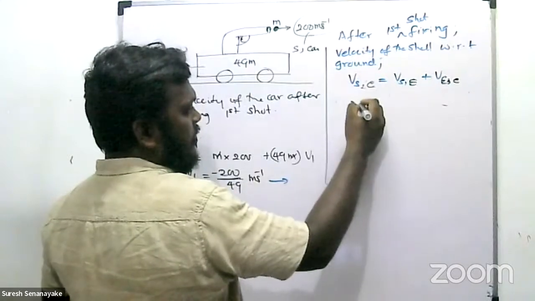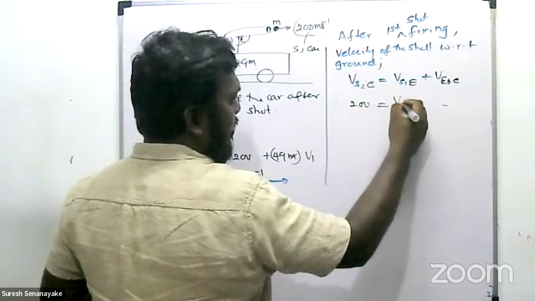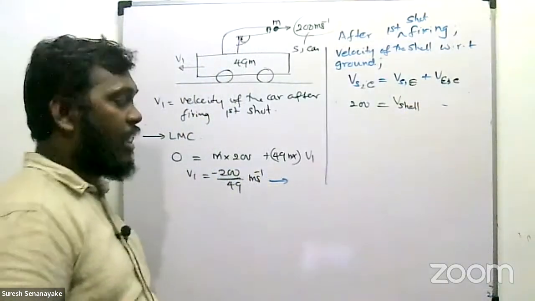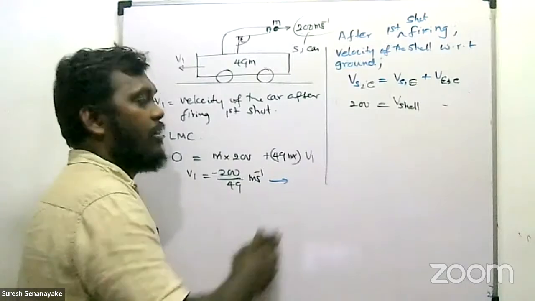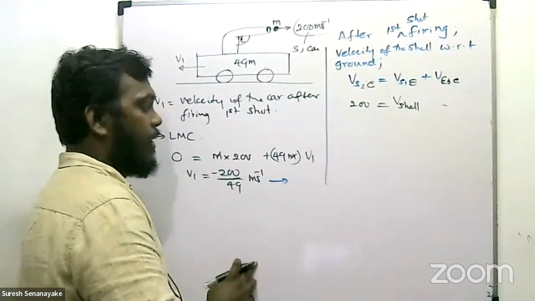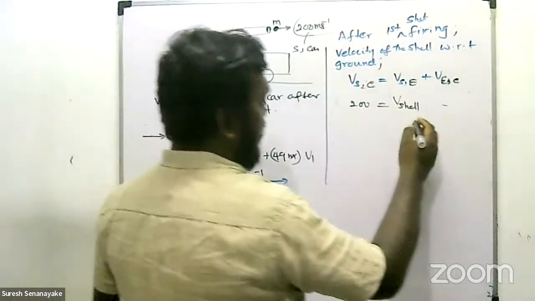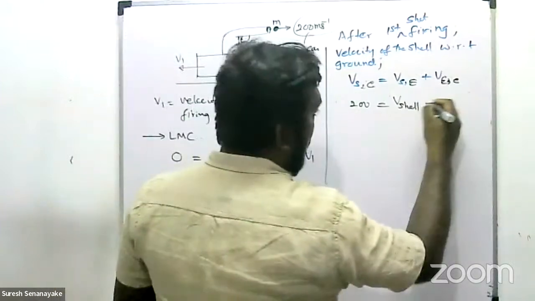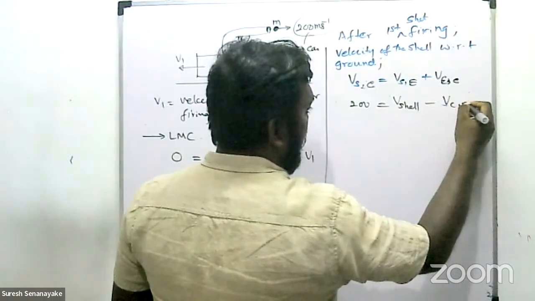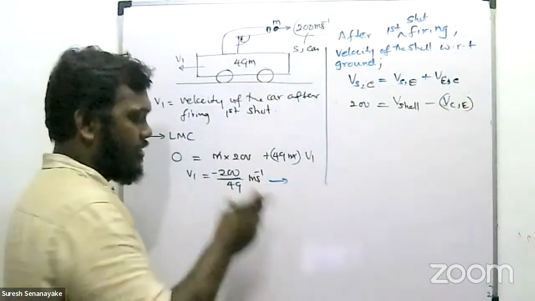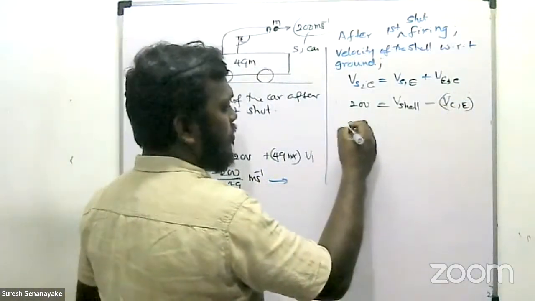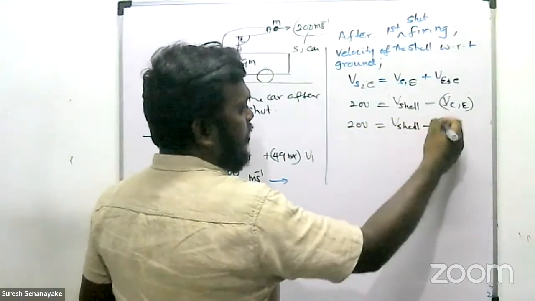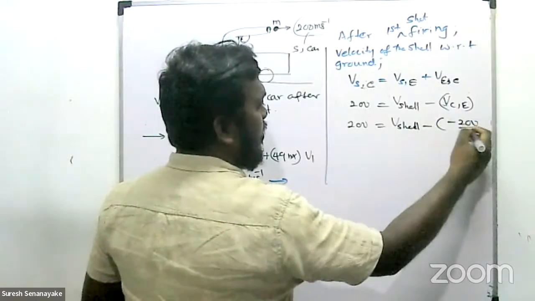This is the 200, and you need to find the velocity of the shell with respect to the earth, because the momentum conservation can be applied only with respect to the same frame, which we consider as earth or ground. So it equals minus VCE, the car with respect to the earth, and then it becomes positive: minus minus 200 divided by 49.